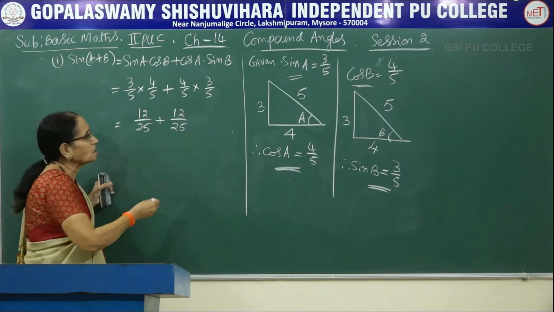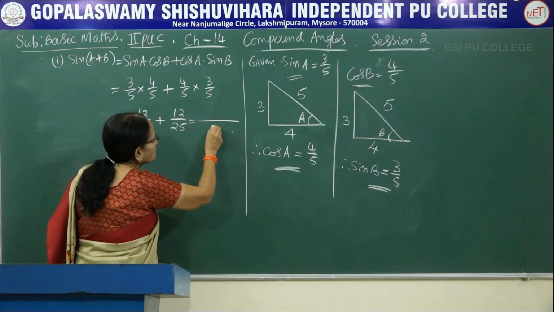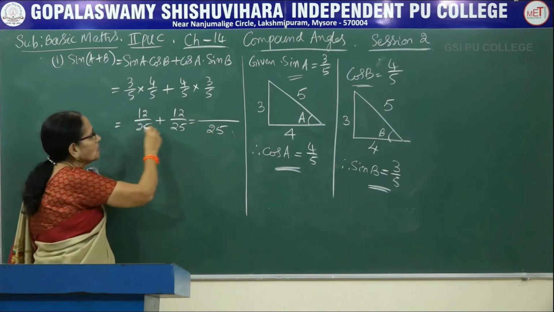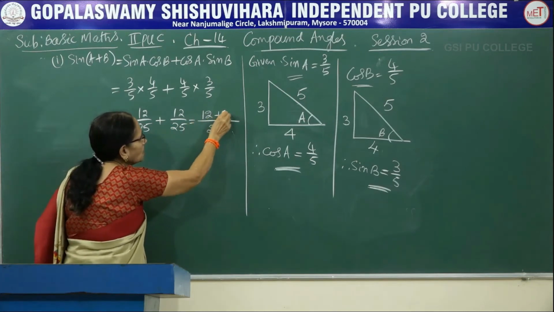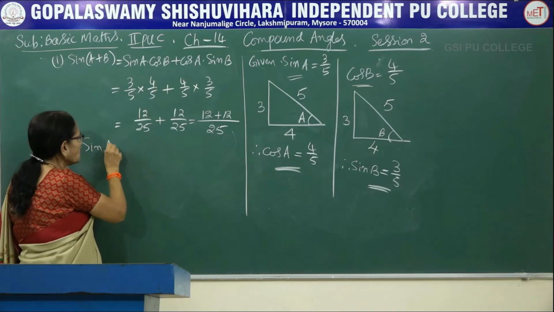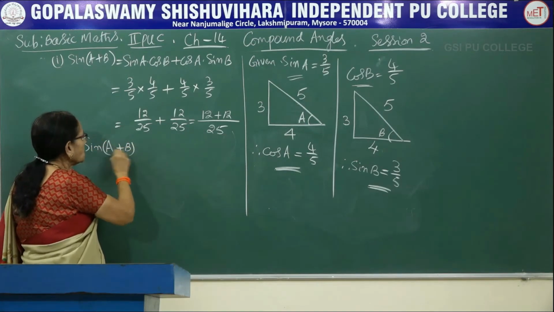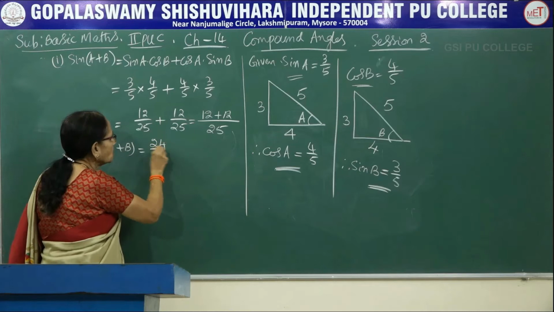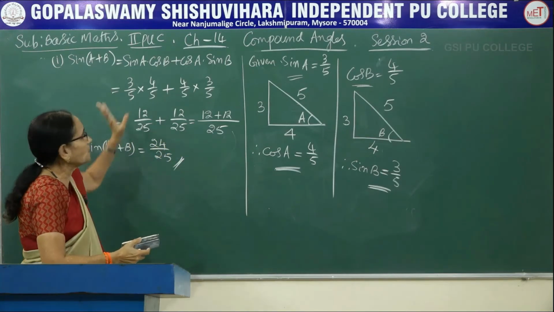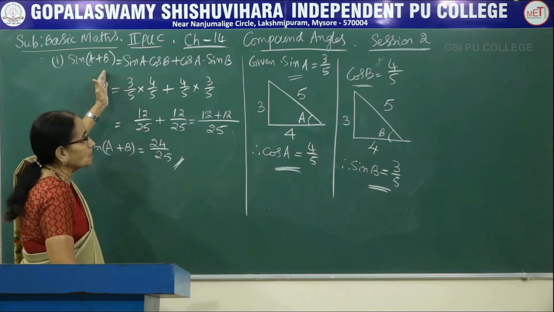It is nothing but arithmetical calculation. That is, 25 being the common denominator becomes the LCM. Numerator you write them as they are. So 12 plus 12, that is sin of A plus B is equal to 24 divided by 25. So this is the value of the first term that has been asked.